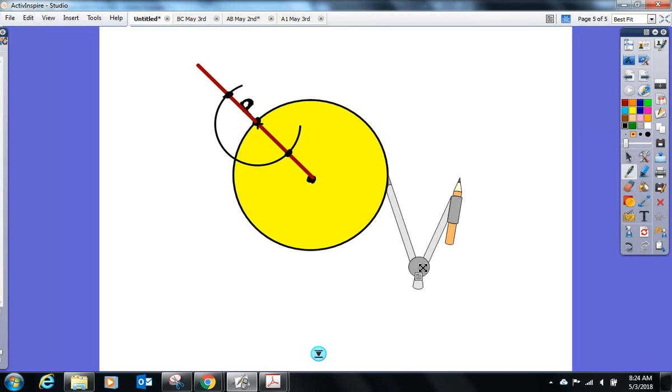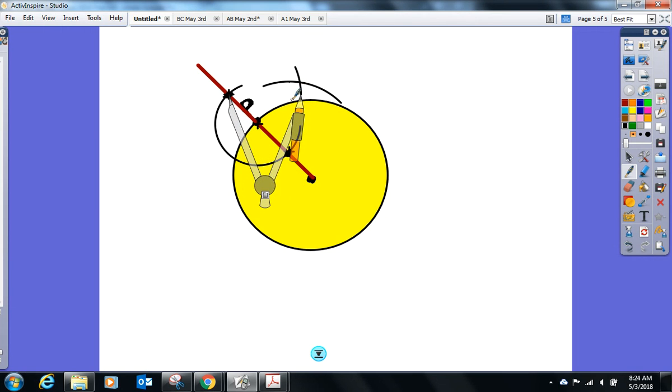On either point of intersection. And I'm going to make a second arc above or below the radius. It doesn't matter. Keep my compass the same opening, go over to the other point of intersection. There we go, make another arc so they intersect.